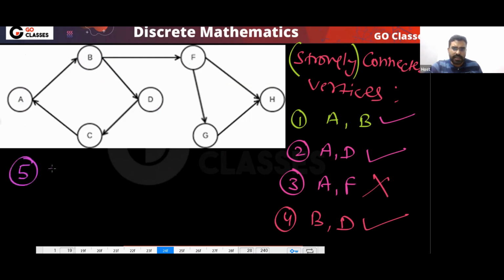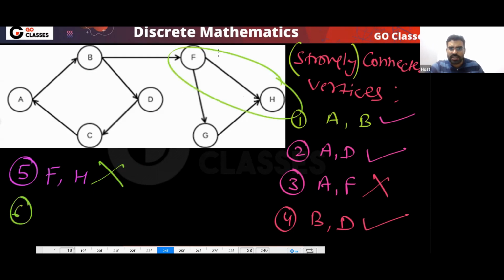What about F comma H? You can go from F to H, but can you go from H to F? No, so these two vertices are not strongly connected. What about G comma H?